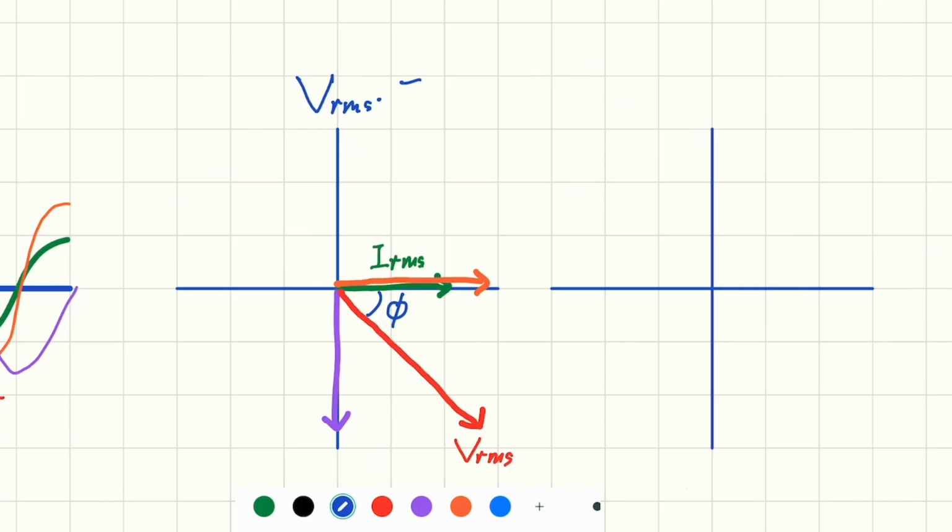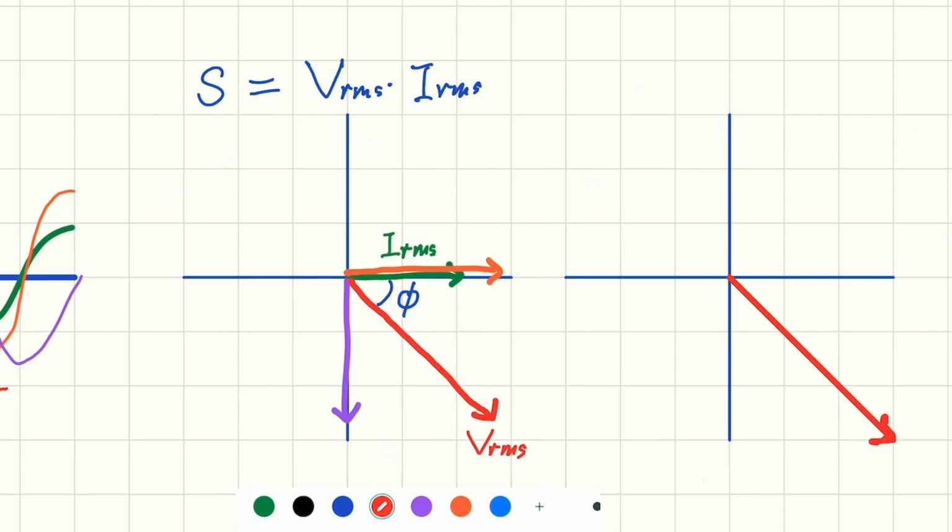V RMS times I RMS is another power. We call it apparent power, and we call this one S. Now we can represent the apparent power S along the root mean square value of the applied voltage. So I will put S here.